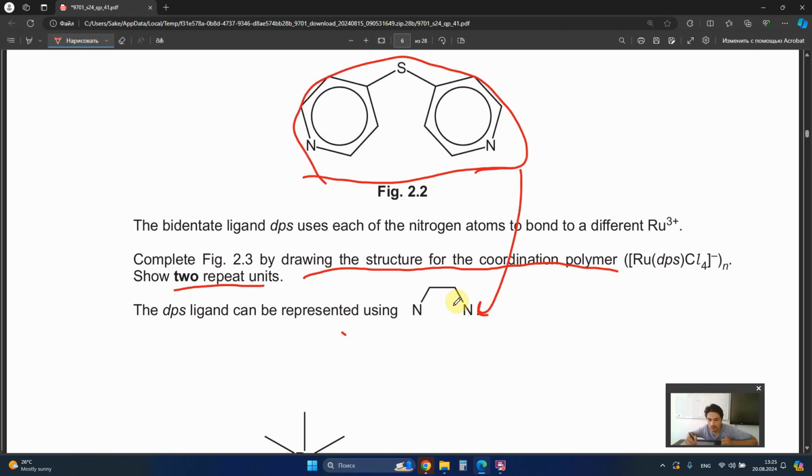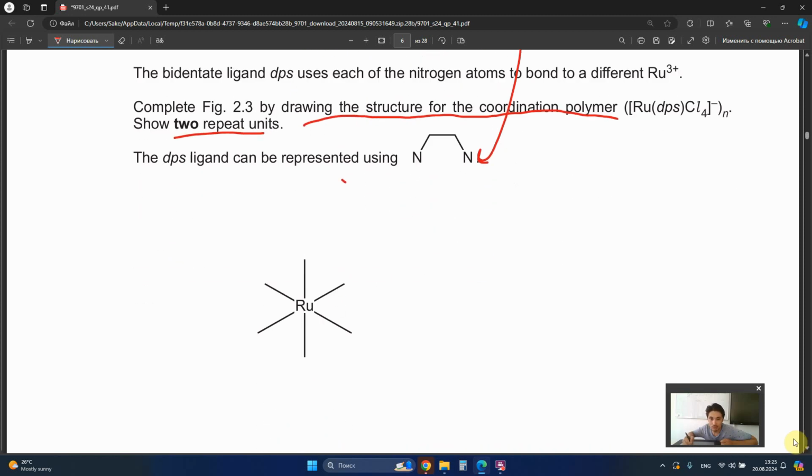So you can use that representation to show the DPS molecules. According to the definition of the term polymer, you should remember that polymers are huge molecules that have a lot of repeating units. And this is a new type of polymer. So you need to have the same species here.